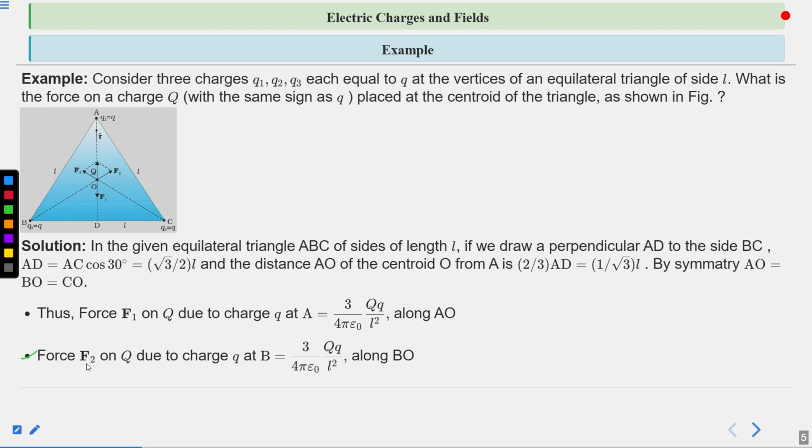Force F2, look at here, F2 on charge Q due to charge small q, which is placed at B, that is 1 divided by 4 pi epsilon naught, Qq divided by L square, and the direction is along BO. Now the remaining force is F3.